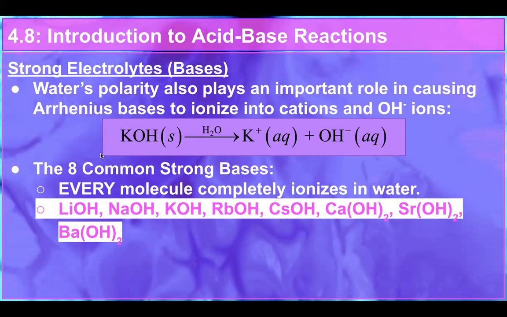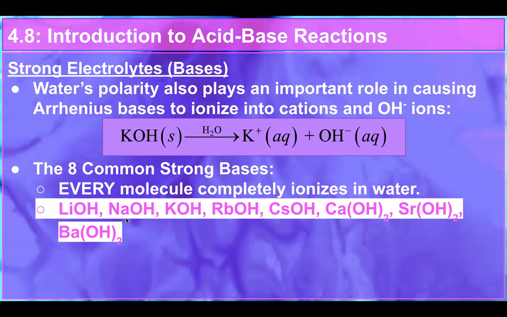Bases can also be strong, basically meaning that they will completely dissociate into whatever the cation is plus hydroxide ions. There are 8 strong bases, and as you can see here, they are all hydroxide salts, and they are either the alkali or the alkaline earth metals.